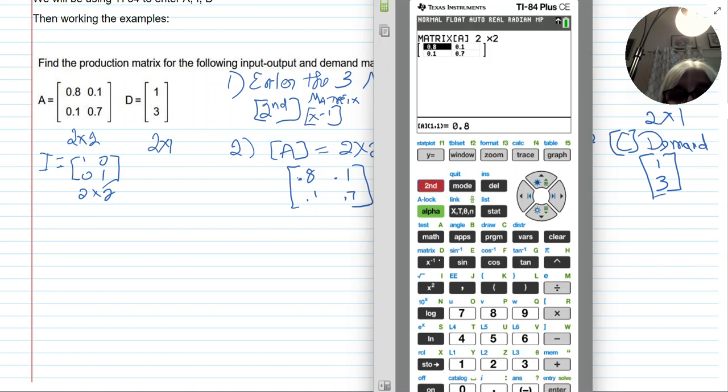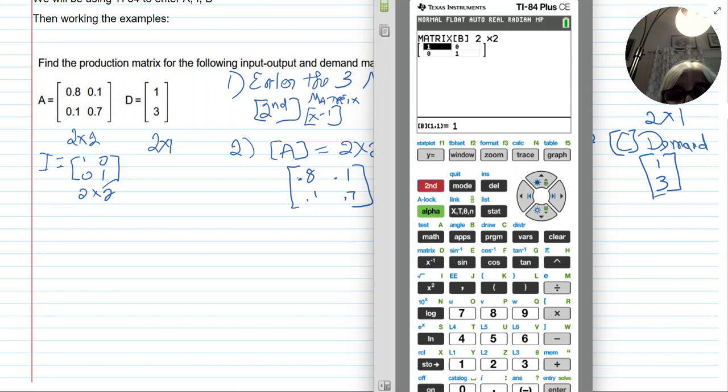I'm going to do second, and of course I'm going to go matrix, and I'm going to go edit, and I'm going to do number 2 for B, and I'm going to enter a 2, enter 2. And this is my identity, 1, 0, 0, 1. So I have my identity.